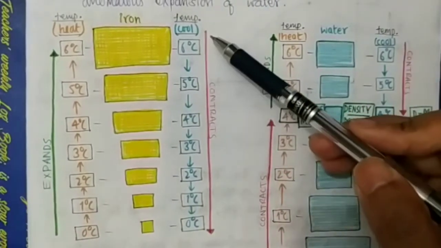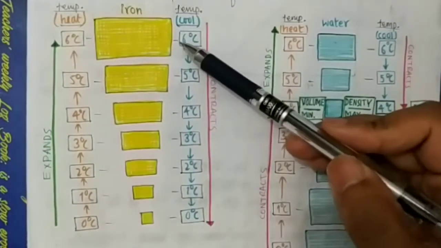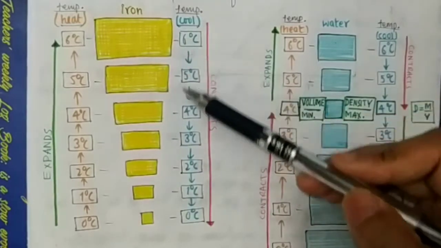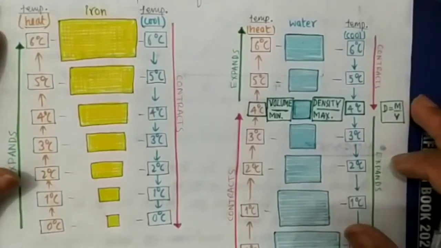And similarly, if you cool it down, that is, if you decrease the temperature, then it will contract, or its volume decreases. So usually this happens with most of the substances.